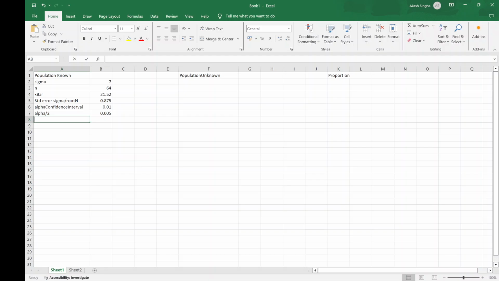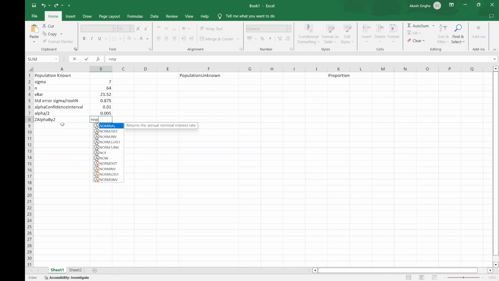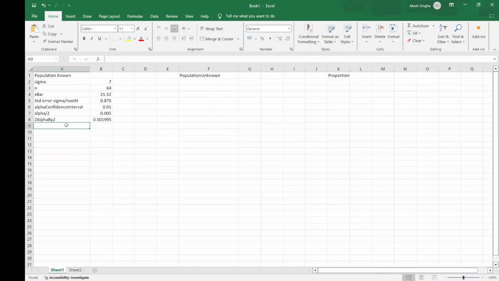Then z alpha by 2 will be NORM.S.DIST. Then MOE will be z alpha by 2 times the standard error.